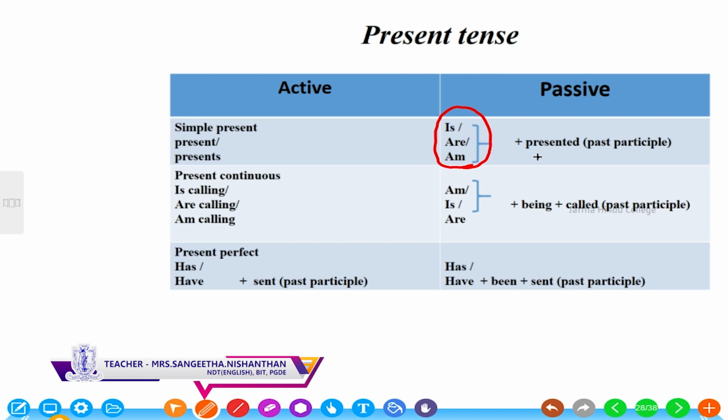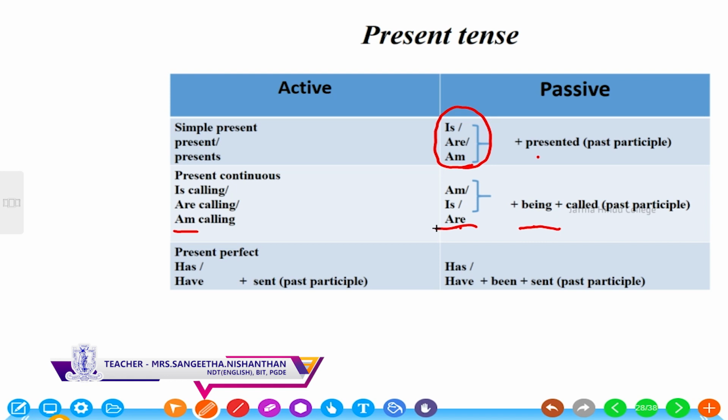And for present continuous, in active voice we use the be verb plus present participle: is calling, are calling, or I am calling. It is the be verb plus present participle. It is changed into be verb plus being. Already there is the be verb, this I am, is, are is already there.